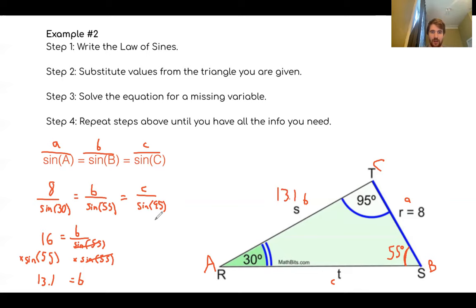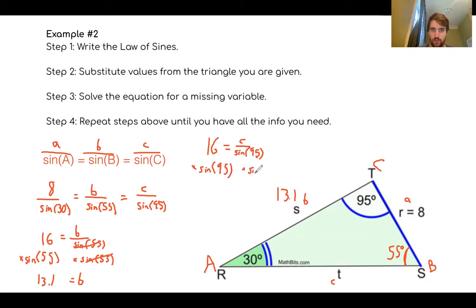Now we'll do the same thing with C, sine of 95. So we have 16 equals C divided by the sine of 95. Multiply both sides by the sine of 95. And this is going to cancel out.